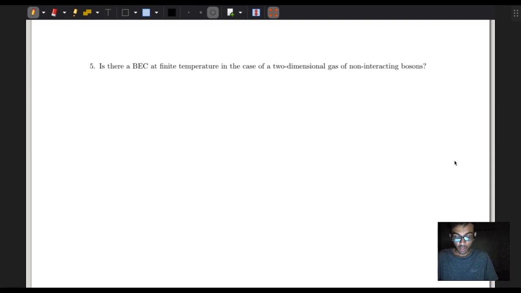Now here we are going to consider non-interacting bosons which are conserved. So the total number of these kind of particles, if you keep them in a box, is going to be conserved.